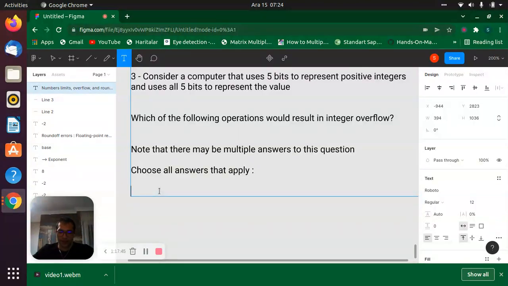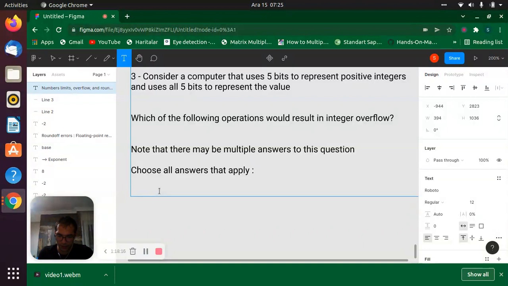Now the important point here to understand this concept is that it's saying, which of the following operations would result in integer overflow? Which of the following operations would result in integer overflow? Well, we have lots of options.